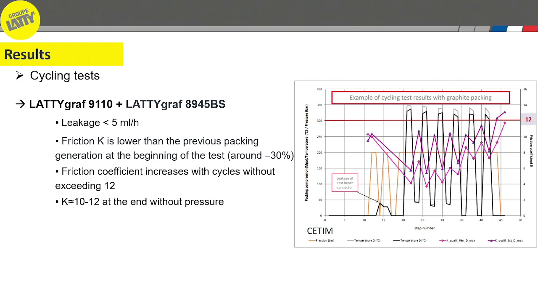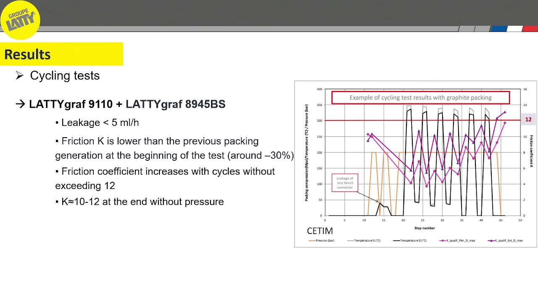In terms of friction, first it has to be noted that the friction coefficient given here is a modified friction coefficient and does not correspond to the real friction coefficient. The results show that with this new generation, the friction coefficient was reduced compared to a previous solution, with about 30% of gain.